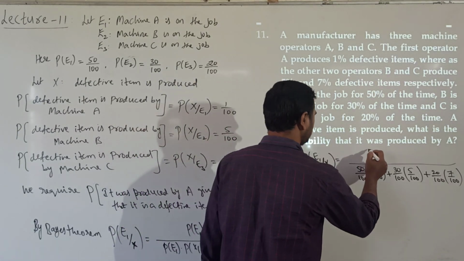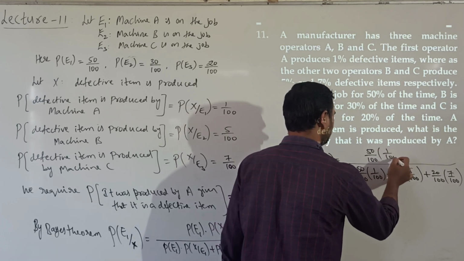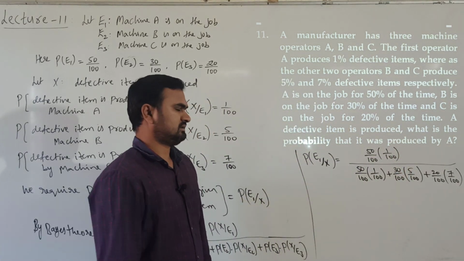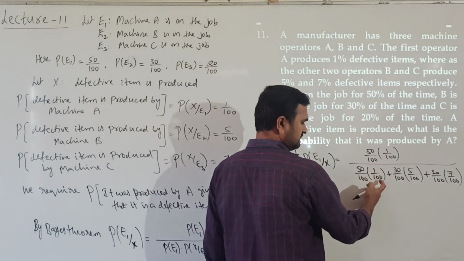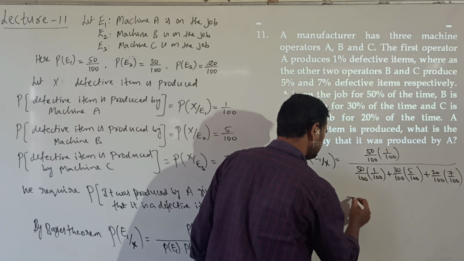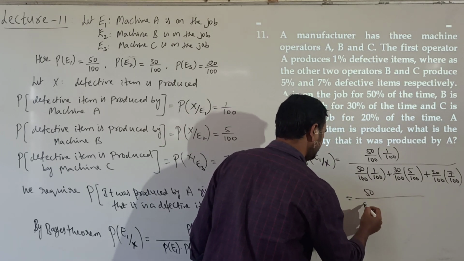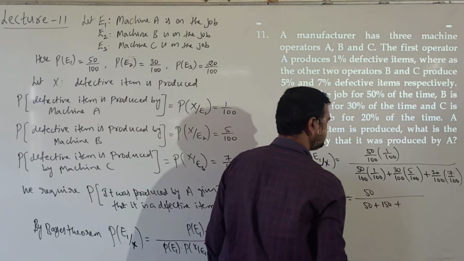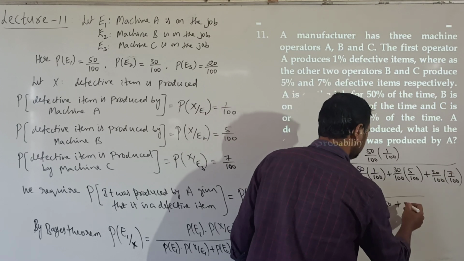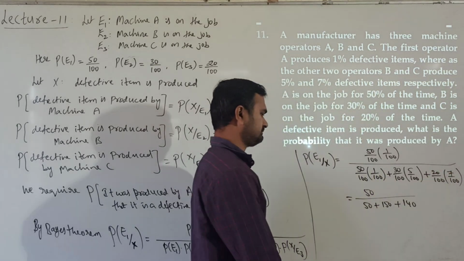We need the first case in the numerator, so 50 by 100 into 1 by 100. Let us simplify it. The denominator 100 into 100 cancels. So numerator 50 into 1, divided by 50 plus 150 plus 140, right?